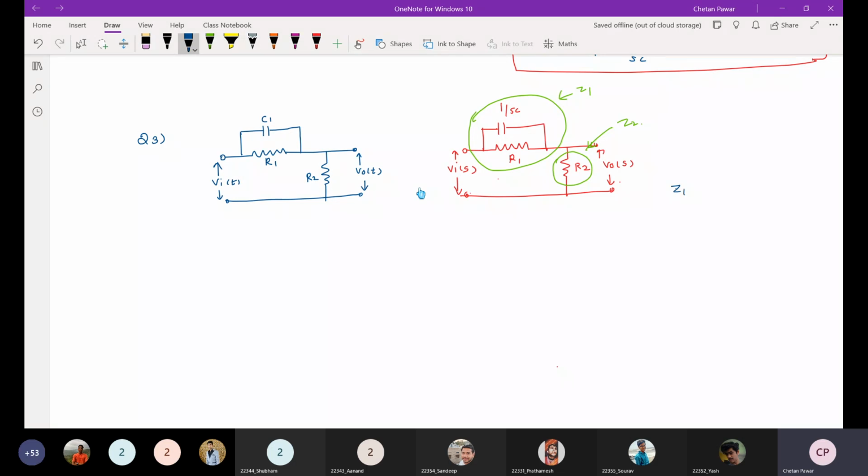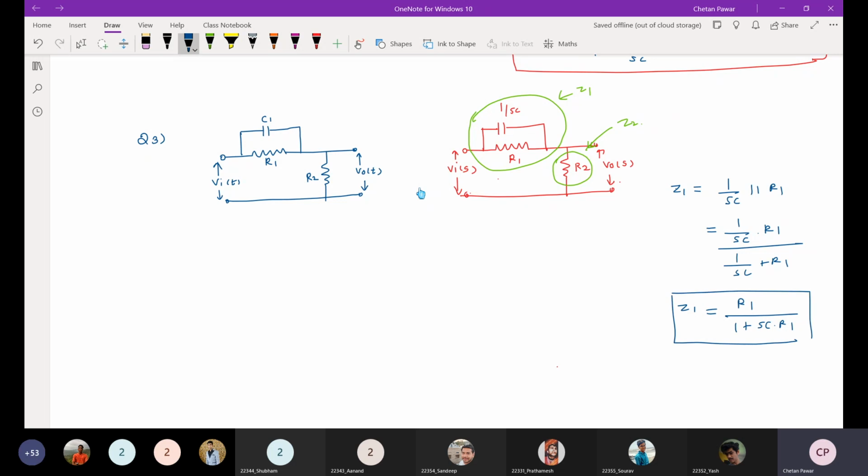So Z1 here is 1 by SC parallel with R1. So that will be 1 by SC into R1 upon 1 by SC plus R1. This will be the Z1. And what is Z2? Z2 is R2.